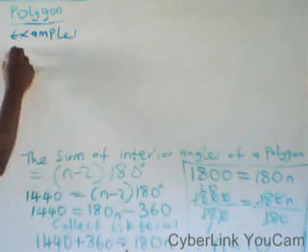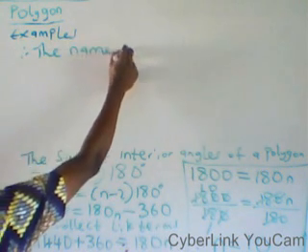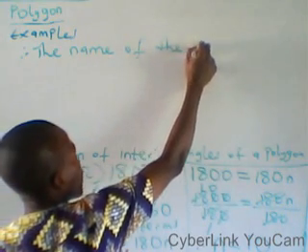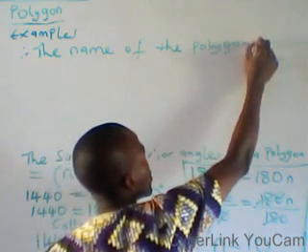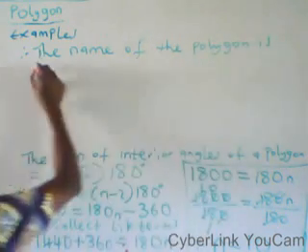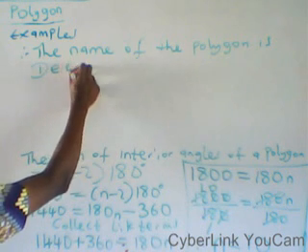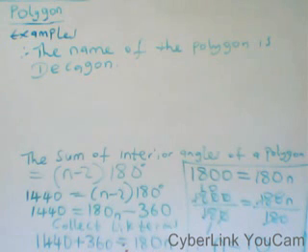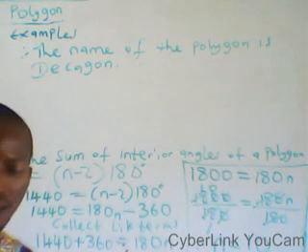So, therefore, the name of the polygon is decagon, because it is a polygon that has 10 sides. That is why we call it decagon.